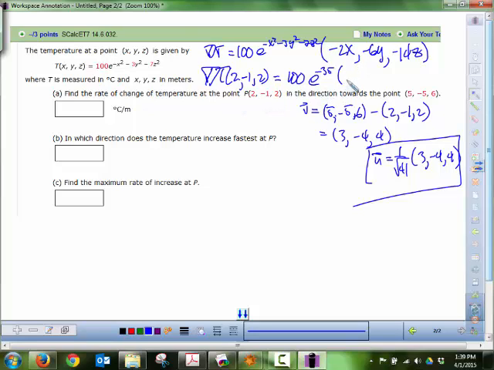And then minus 4, positive 6, and negative 28. So that's my gradient evaluated at that point.